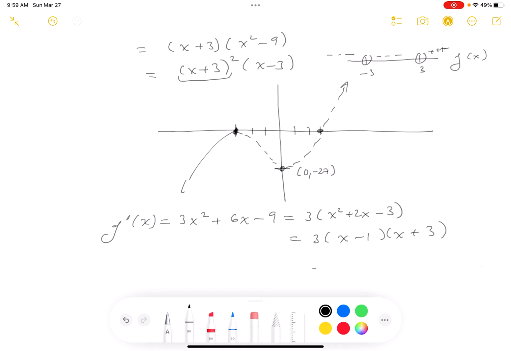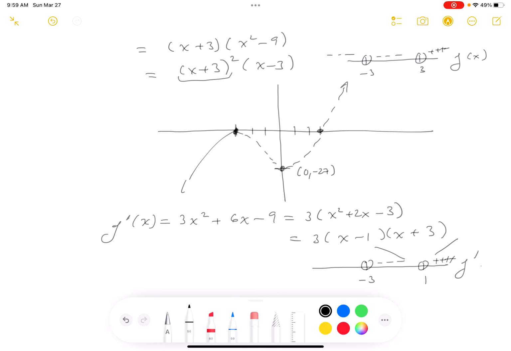I'm going to put the roots down of my derivative. I'm analyzing it. So it looks like at minus 3, and at 1, these are where the zeros occur. After the 1, it's positive. Between minus 3 and 1, if you pick 0, you get negative.